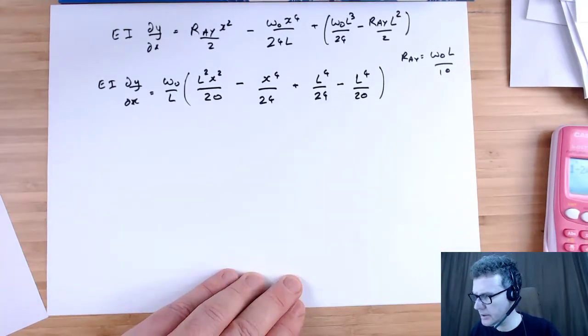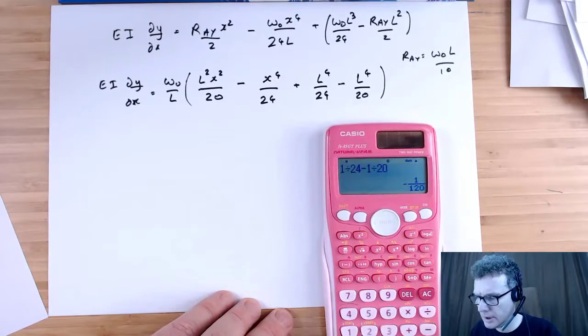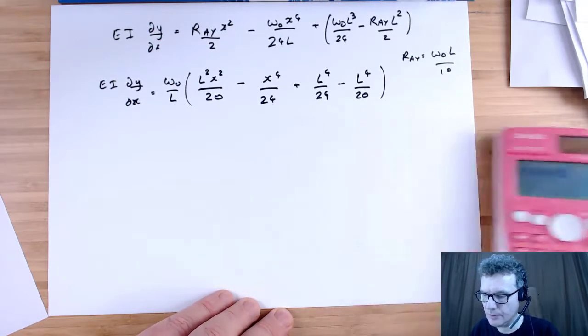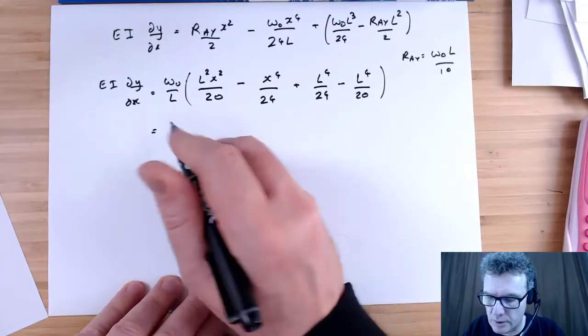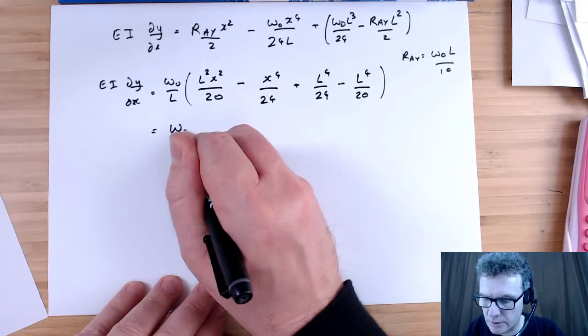So same calc as before. 1/24, take away 1/20. So that'd be minus 1/20. So let's take out the 1/20.